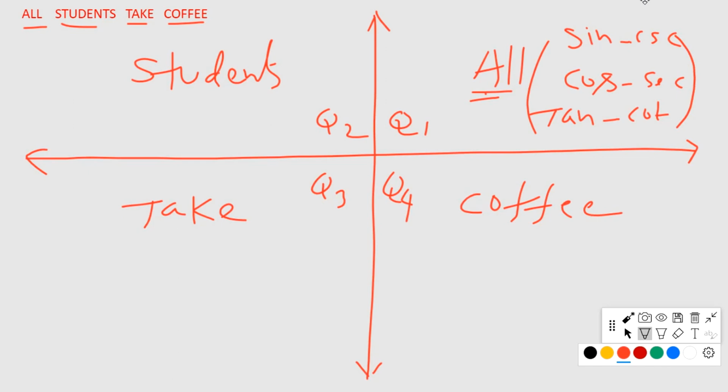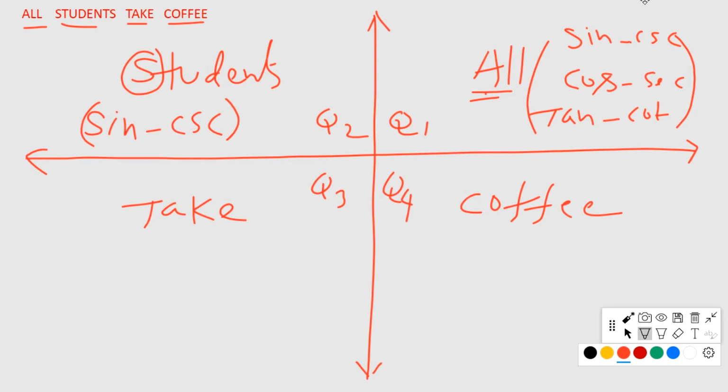In the second quadrant, students, first letter is S. S means sine and the inverse of sine, cosecant. These two trigonometric ratios are only positive values in the second quadrant. Other 4 ratios are negative values.